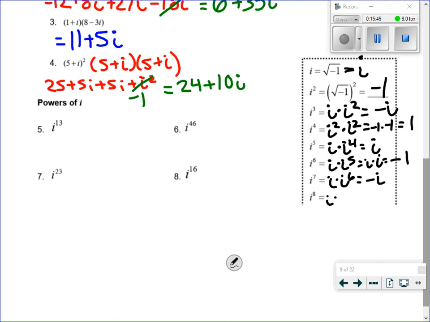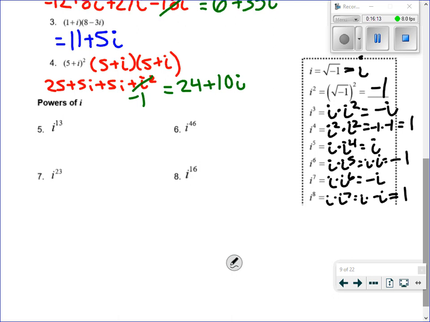Good, i times i to the 7th. i to the 7th is what? Negative i. So I have i times negative i, so this becomes a negative i squared. i squared is negative 1, so this is negative times negative 1, which is 1.